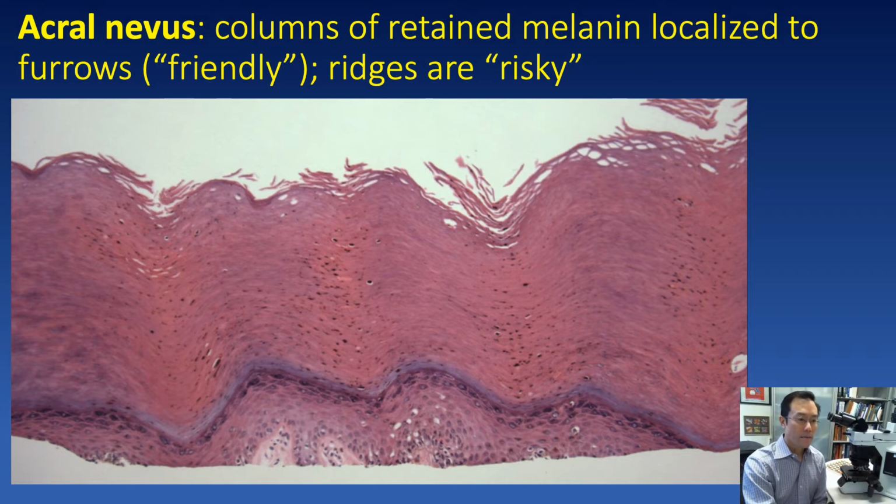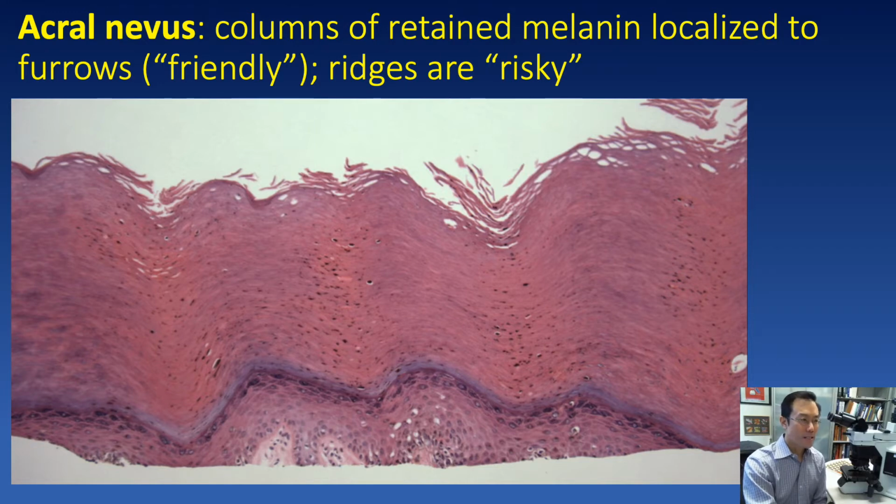And one of the clues that can offer reassurance for an acral melanocytic nevus is the presence of the retained melanin in the stratum corneum. So the acral skin of the palm and sole has a more pronounced ridge and furrow pattern. And I think it was probably Dr. Christine Coe from Yale who I heard this from most recently, but the furrows are friendly and the ridges are risky.